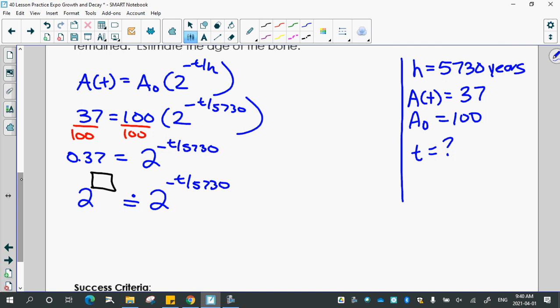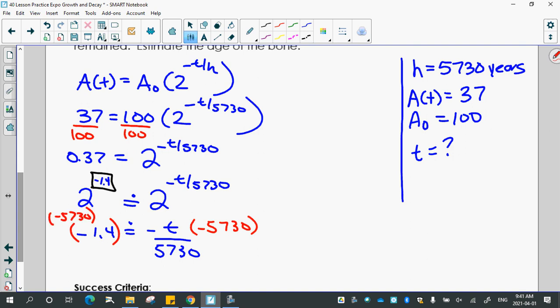Yes? Okay. So 2 to the negative 1.4 is approximately 2 to the negative t over 5,730. So negative 1.4 is approximately negative t over 5,730. Multiply both sides by negative 5,730. And we get t is approximately 8,064 years.